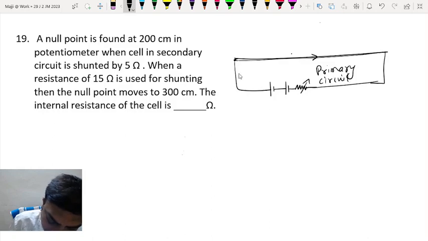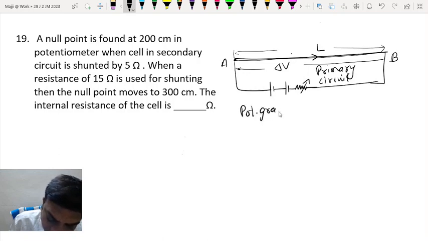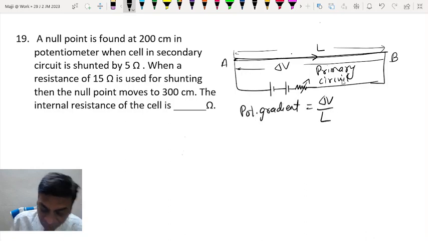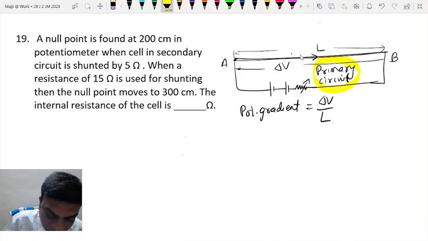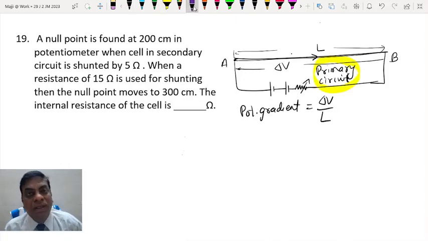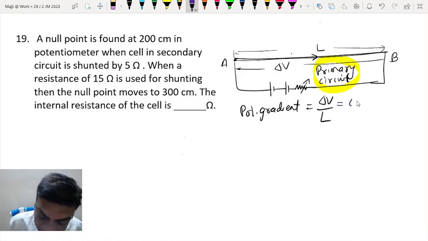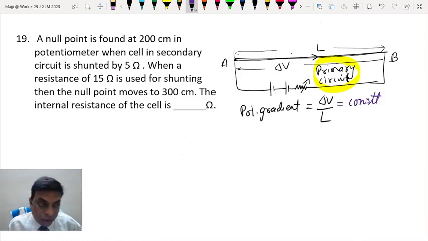There is a potential difference across the potentiometer wire, and its length is L. So its potential gradient, which is the fall in potential per unit length as we move from A to B, is constant as long as we don't disturb this primary circuit. In most cases, the primary circuit is not disturbed so as to maintain a constant potential gradient in the primary circuit.